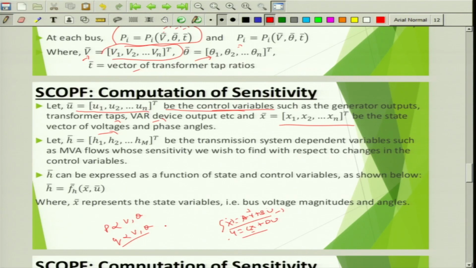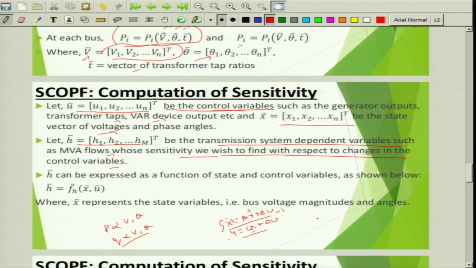Now let h bar, another vector from h1 to hm, be the transmission system dependent variables, such as MVA flows whose sensitivity we wish to find with respect to changes in the control variables, right.